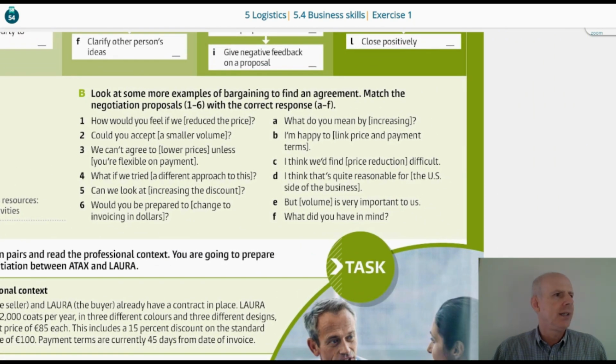Just a sec. Yes. Good. Let's read them. How would you feel if we reduced the price? Could you accept a smaller volume? We can't agree to lower prices unless you're flexible on payment.